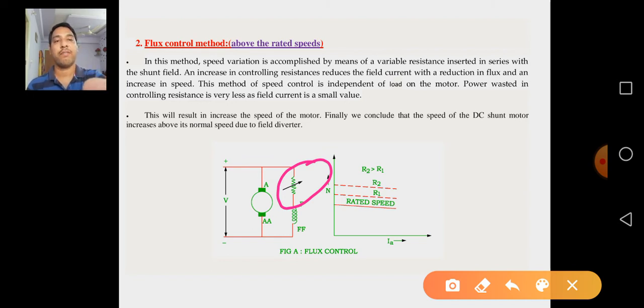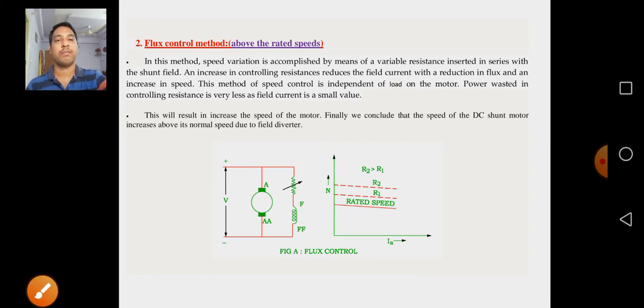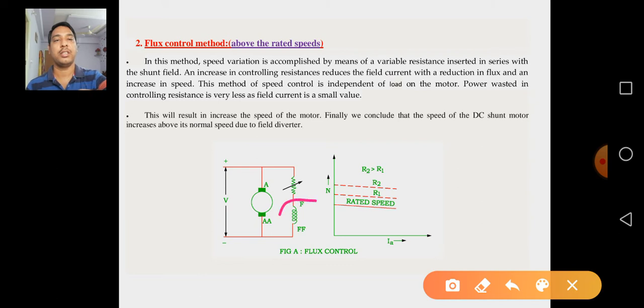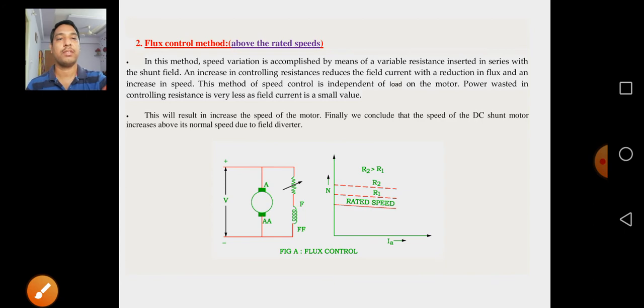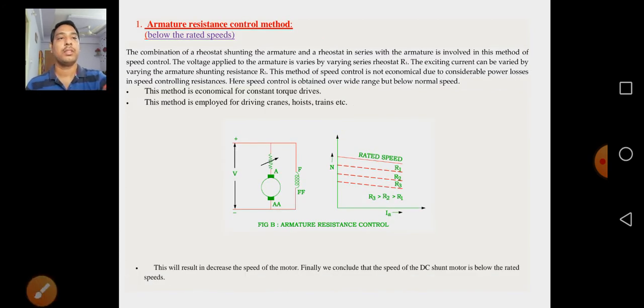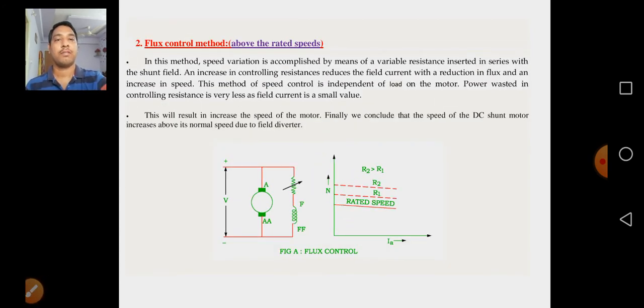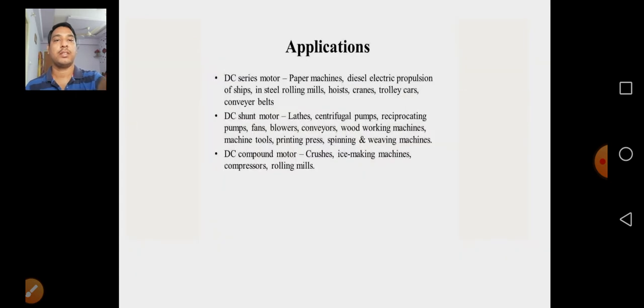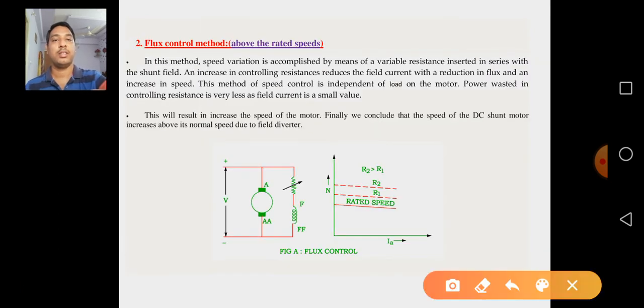This is F and FF, the field winding representation, and here I am going to connect one field rheostat. That is the field rheostat method I am calling.